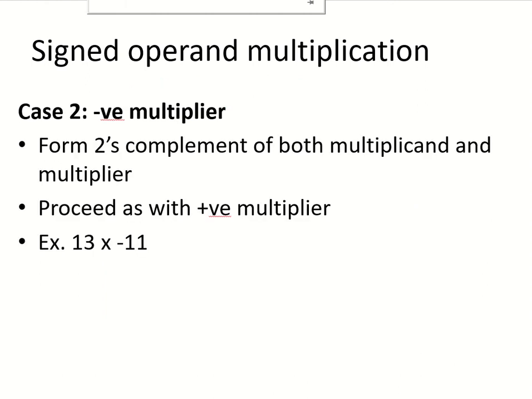What if the multiplier itself is negative? What do we do in that case? Suppose if we have 13 into minus 11, then we can also represent this as minus 13 into 11. This makes the multiplier positive, and we can proceed the way we did in the first case.